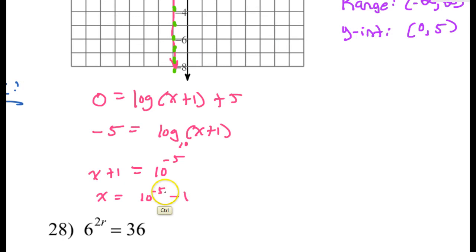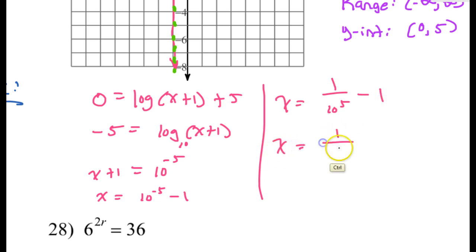Okay? This is going to be x equals 10 to the -5 power is 1 over 10 to the 5th power. So this is like having 1 over 1, 2, 3, 4, 5. Okay, that's what we have.